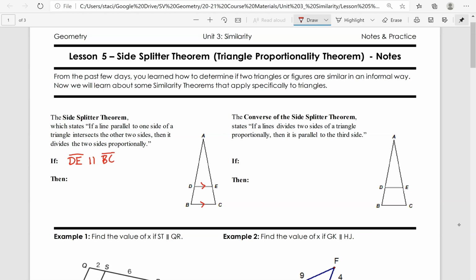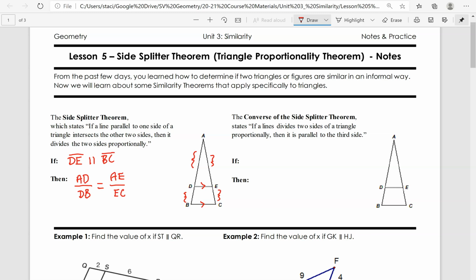So if I create a ratio of side AD to DB, that ratio is going to be equal to side AE over EC.